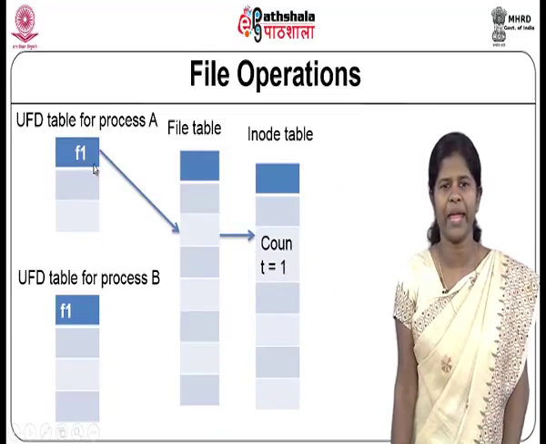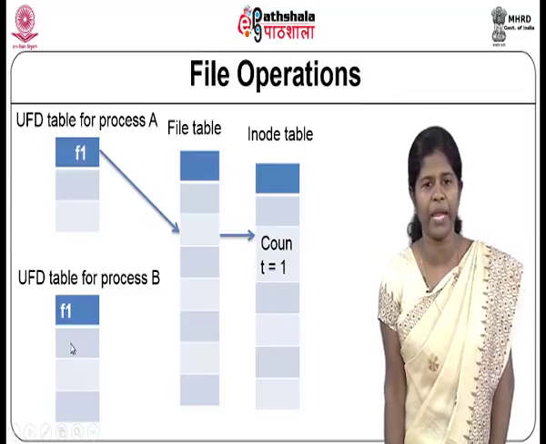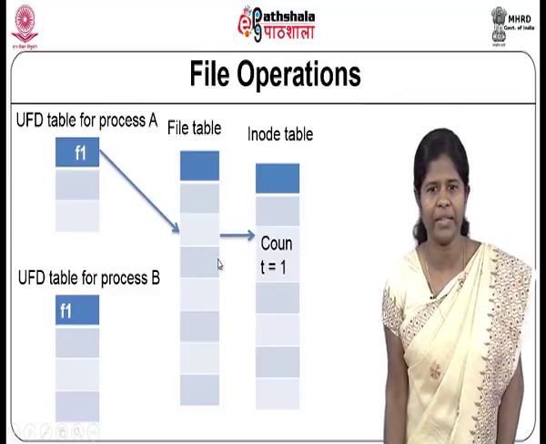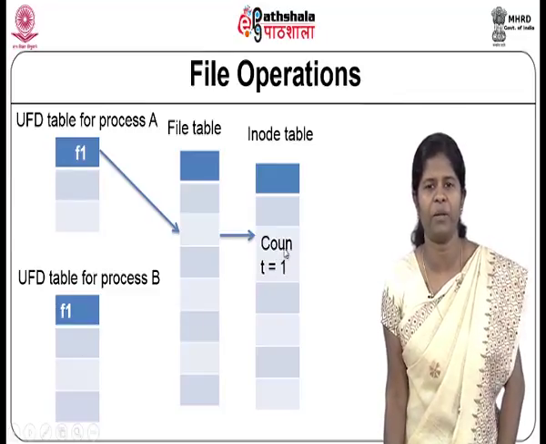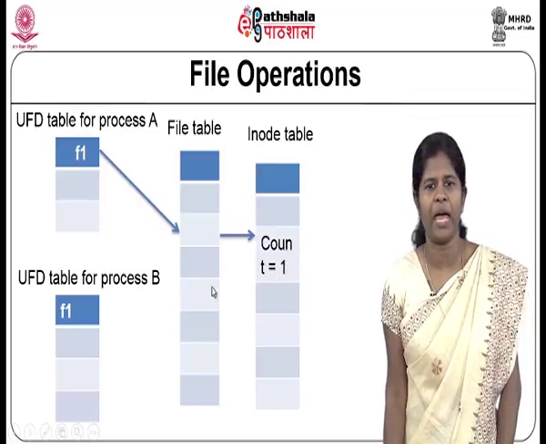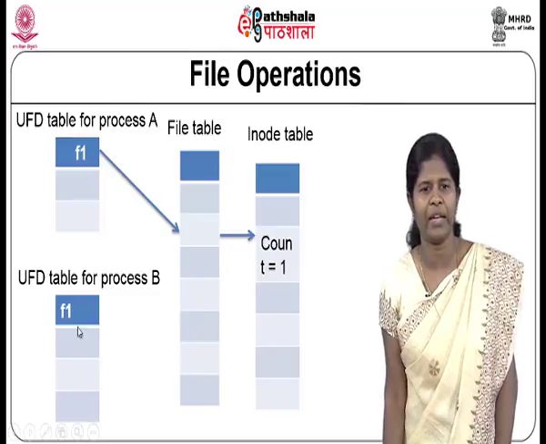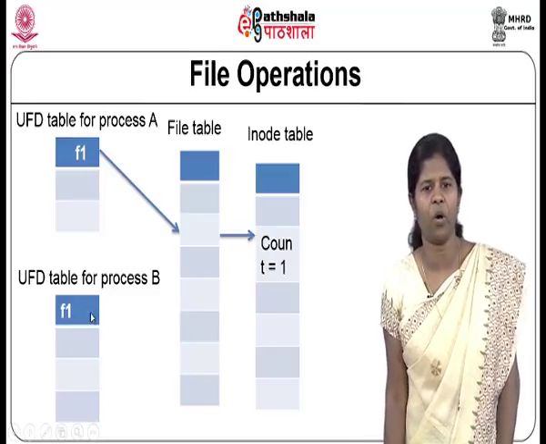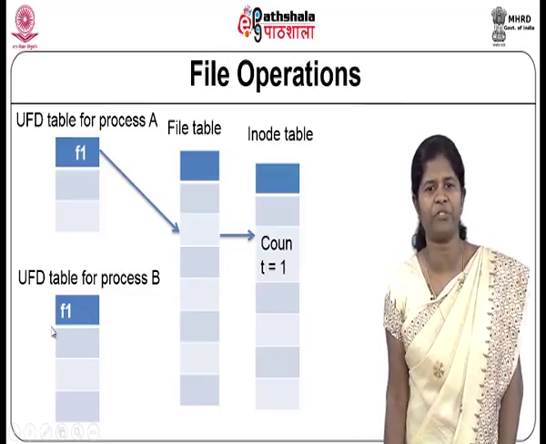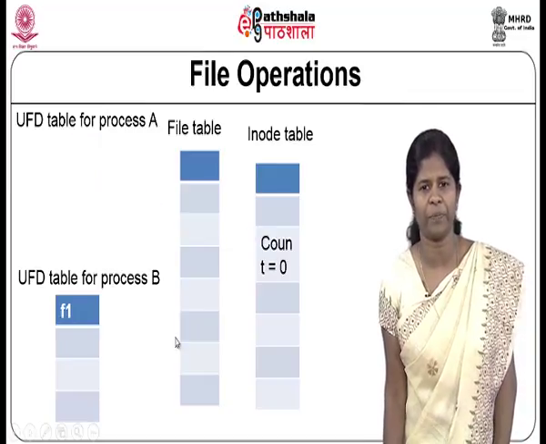Suppose process B has closed the file, then in that case this count here will be decremented from 2 to 1, and its entry in the file table will be removed, and the pointer from the UFD table to the file table will also be removed.